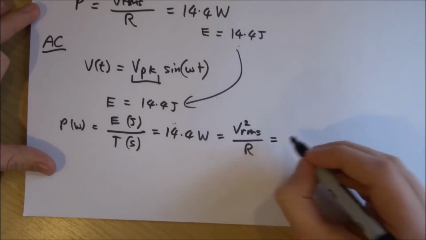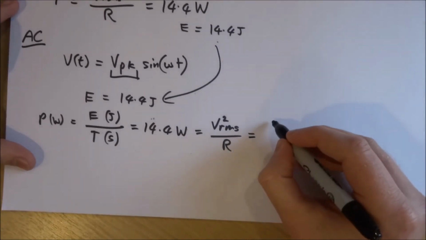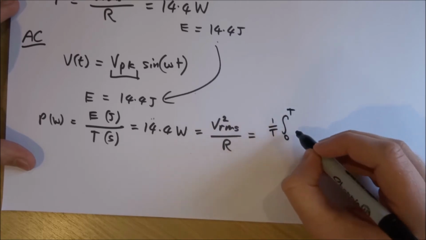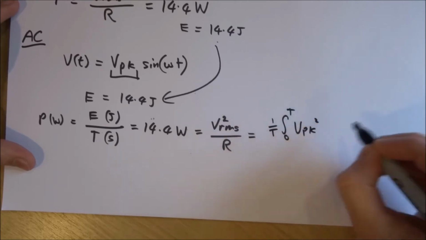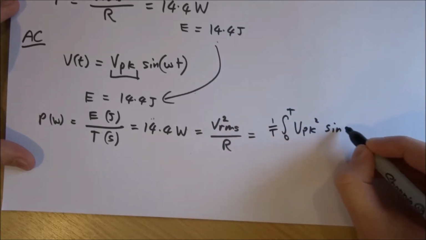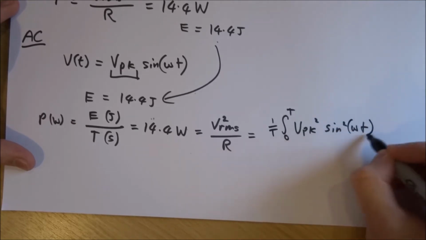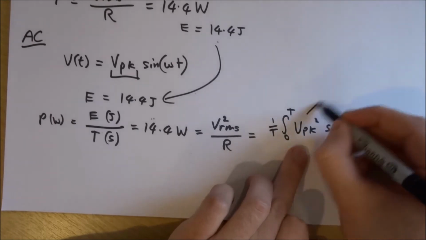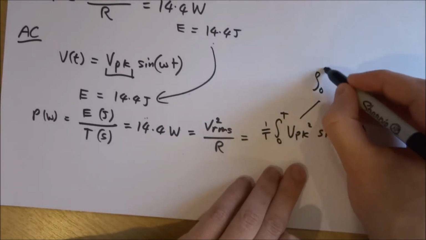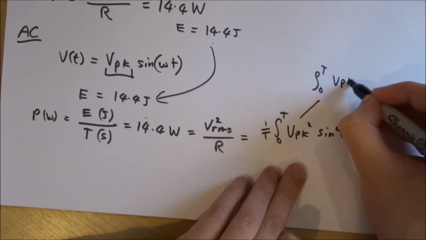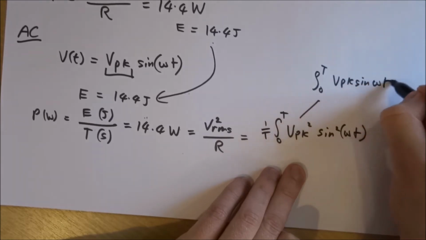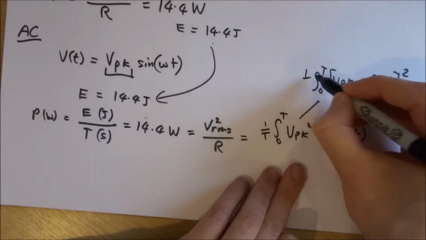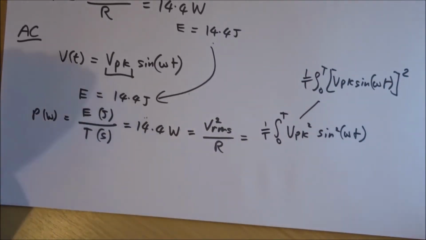If we substitute our RMS voltage in, we have 1 over T times the integral from 0 to T of V peak squared times sine squared omega t. Notice that I've squared it because this is basically the integral from 0 to T of V peak sine omega t, all squared. So that's why I've squared it.